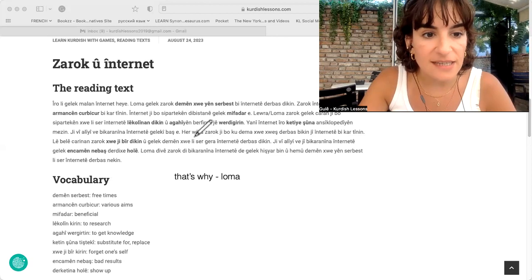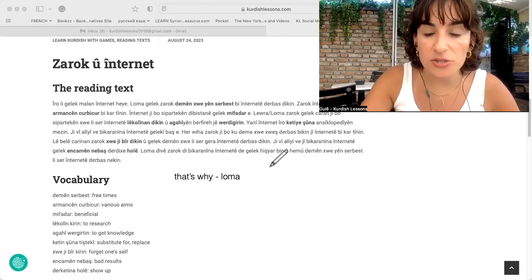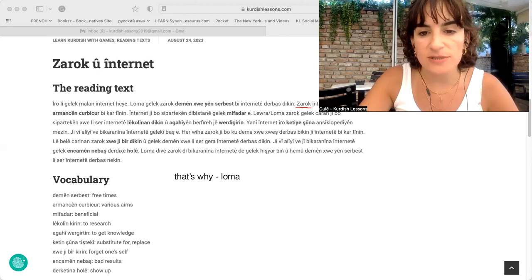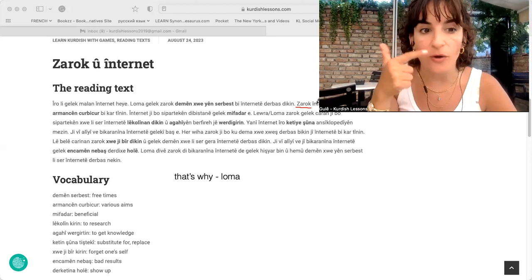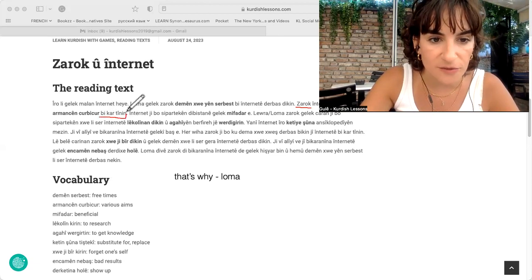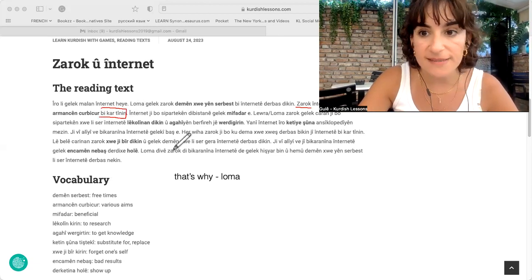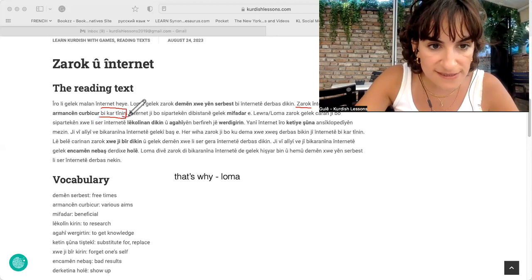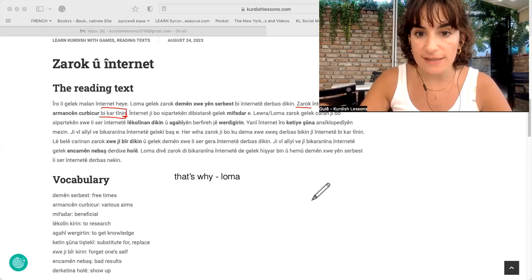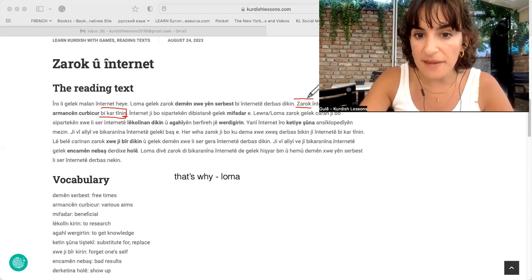Zarok internetê ji bo armancên cûr bi cûr bikar tînin. So Zarok, as you see here, it can be one kid or many kids. So in this case, we have a look at the verb. Bikar tînin means to use, and we see it in plural form, to use. So here it refers to many kids.